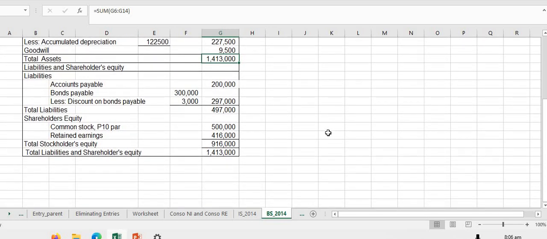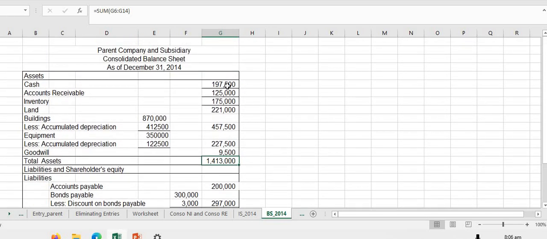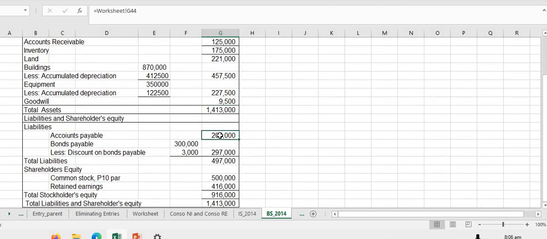Okay, diba? Yan siya. So, yung cash, 197,500, AR, 125, inventory 175, land 221, yung building cost less accumulated, this is book value, equipment cost 350 accumulated 122,500 is book value. Okay, total 227,500. Yung goodwill natin, 9,500. We have total assets of 1,413,000. Okay, yung accounts payable natin, 200,000.